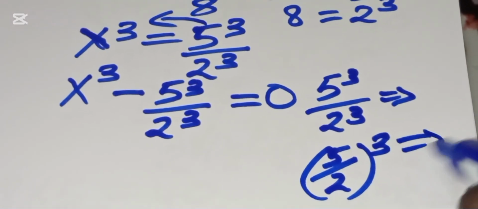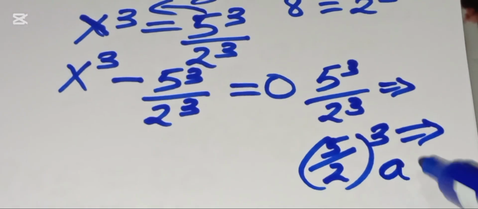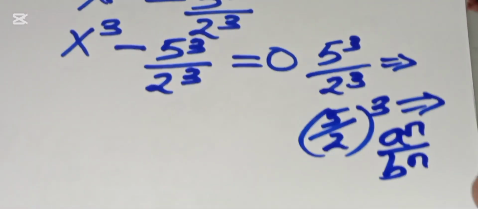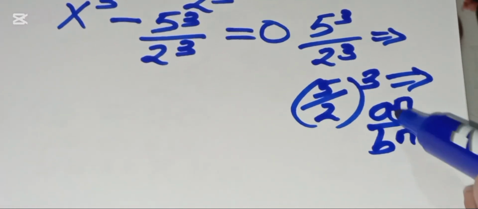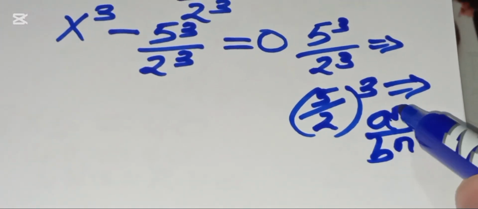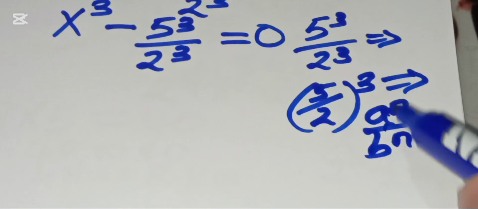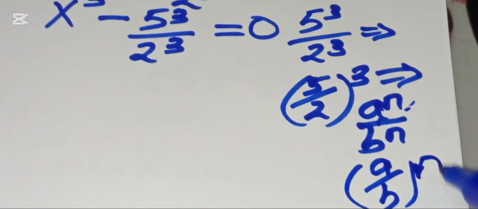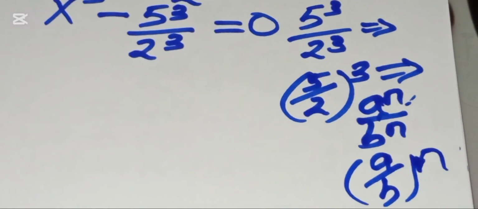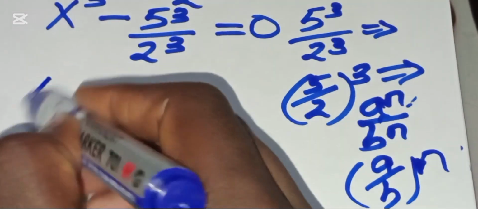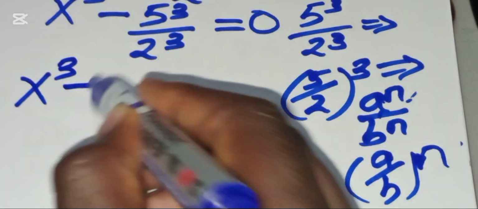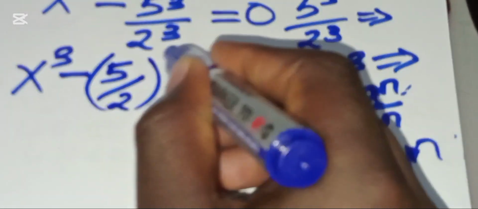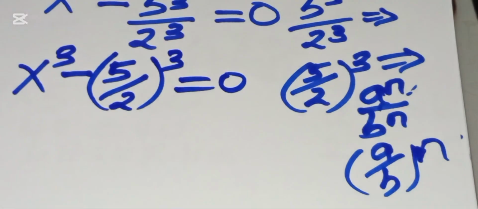This is applying the property that a raised to power n divided by b raised to power n, two terms with different bases raised to the same power n, is expressed as a over b raised to power n. So we're applying this property. Now from this, we're going to have x cubed subtract 5 over 2 cubed equal to 0.